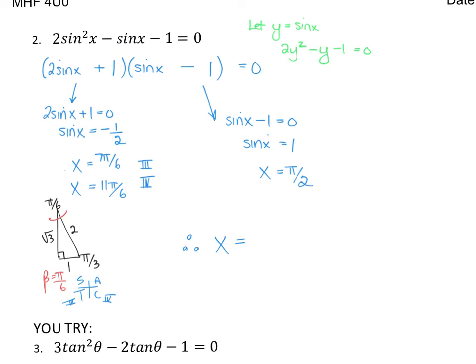That's not something that I'll watch out for too much, but that is how the answers will be posted if you find them. So we would put our pi over 2 first, and then our 7 pi over 6, and then our 11 pi over 6. Okay, and because those are all exact values, you don't need to include the rad, it's implied, but if any of your values are decimals, that's when you would include your radians.